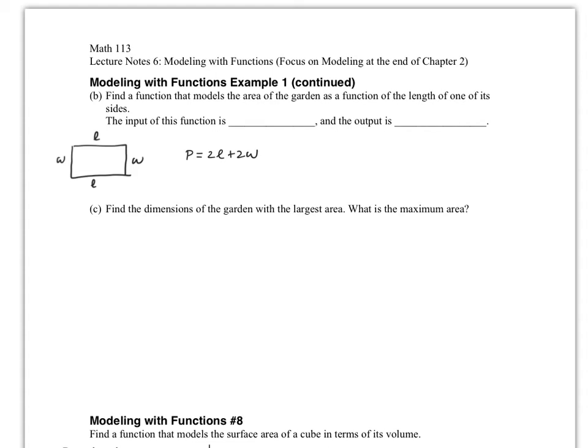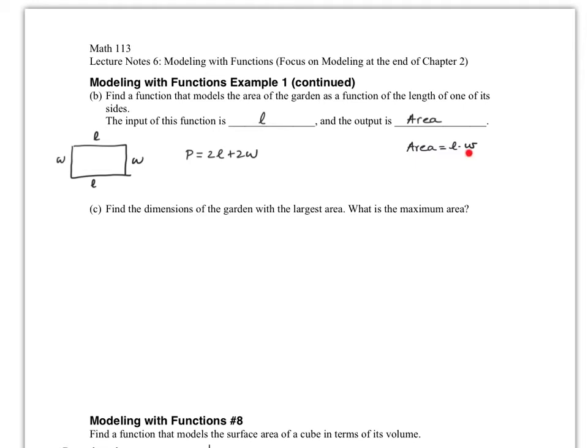Now we can solve for any of them, but here it is asking that the area should be a function of the length. So therefore the input is going to be the length, and the output is going to be the area. Now the area, as you can see, is length times width.